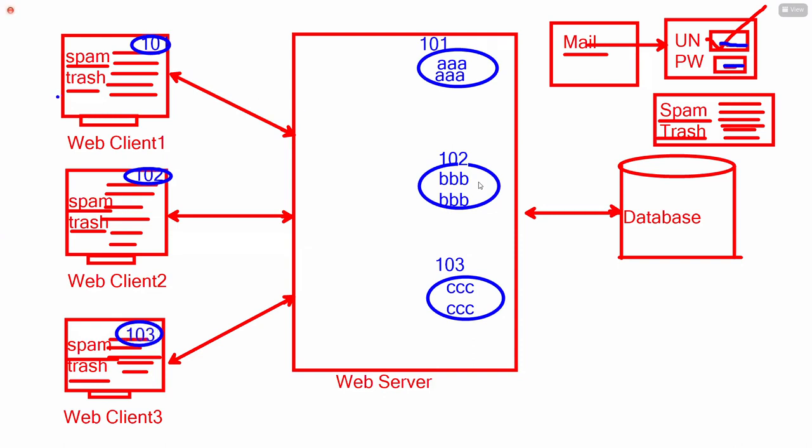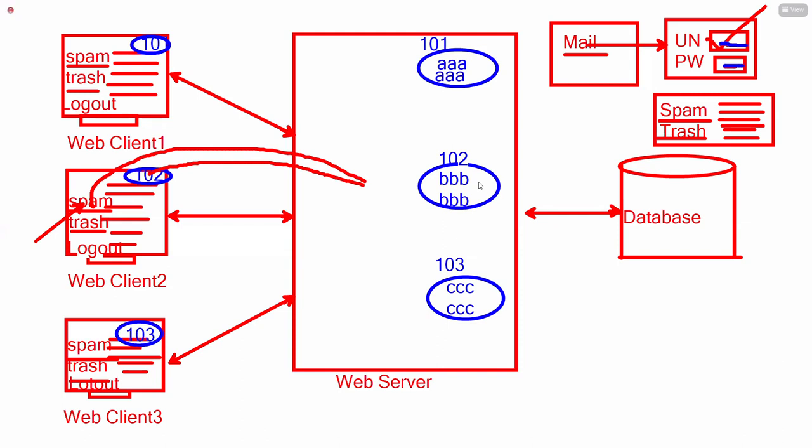Here, not only spam and trash, even a logout hyperlink will be there. Logout or sign out will be there, no? These hyperlinks will be there. Now, next, what will happen? This person clicked spam. When he clicks the spam request, with that request this 102 is passed.